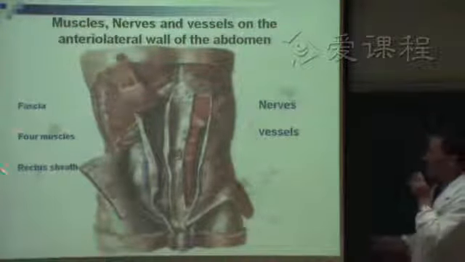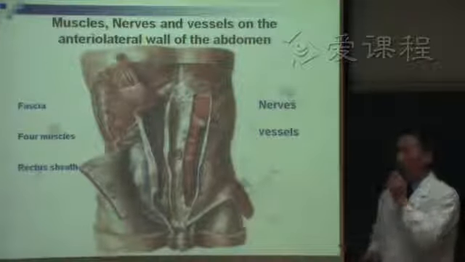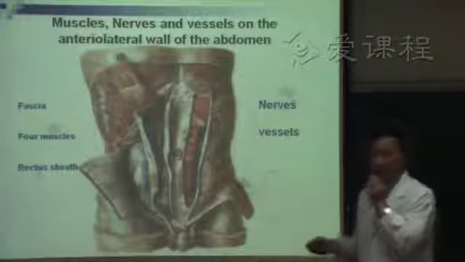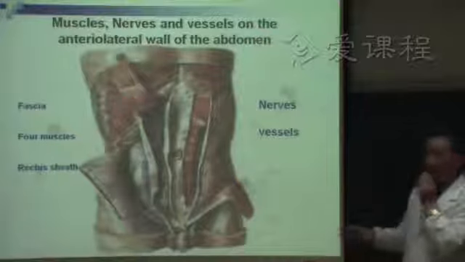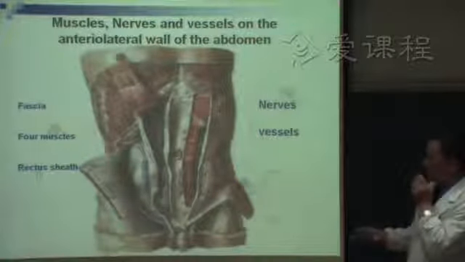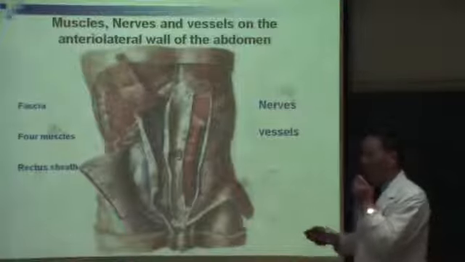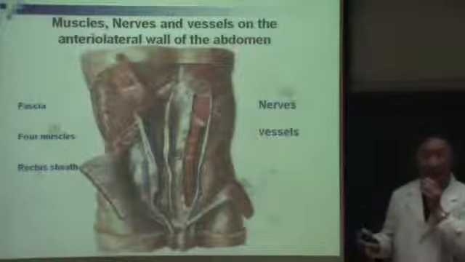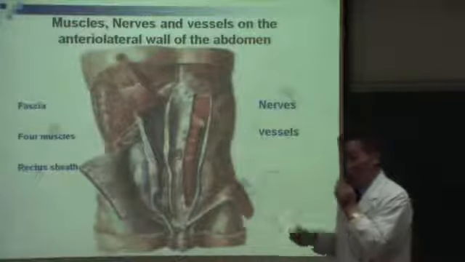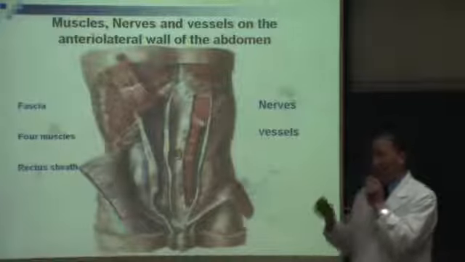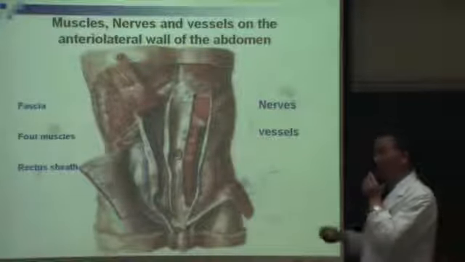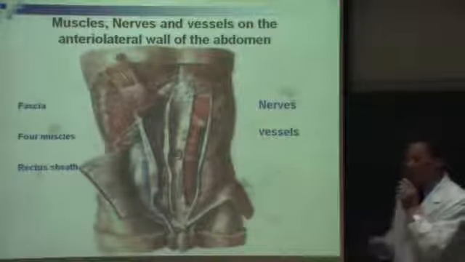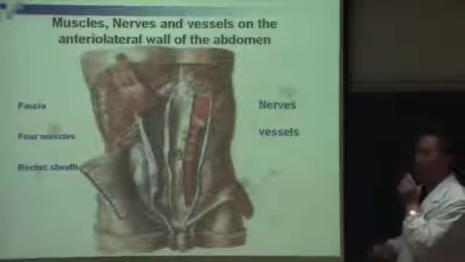As we know, there are 4 muscles on the anterior lateral wall of the abdomen. What are they? On the lateral side, there are 3 layers of muscles. From superficial to deep, they are external oblique abdominis, internal oblique abdominis, and transversus abdominis.